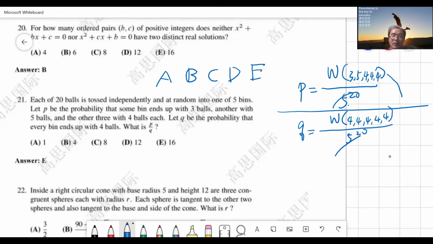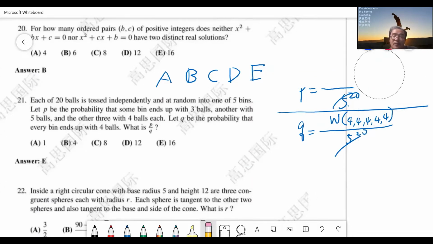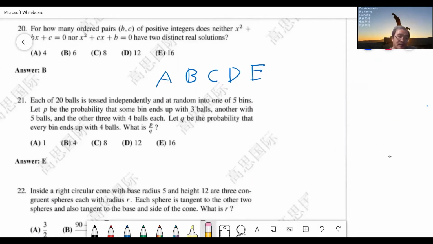Okay, so let's look at the first case. If we have 3, 5, 4, 4, 4, let's just assume 3 is in A and 5 is in B. How many ways to do that?